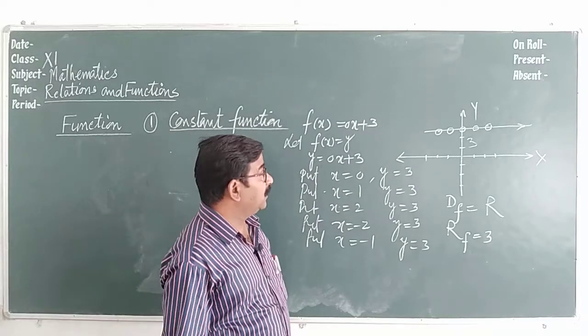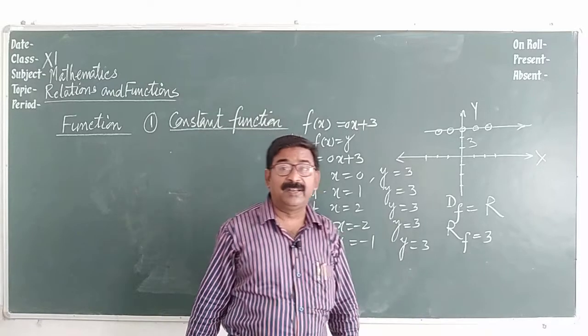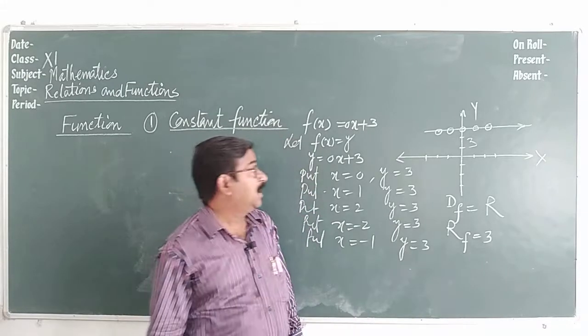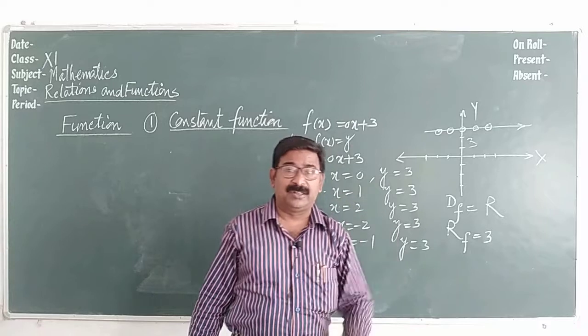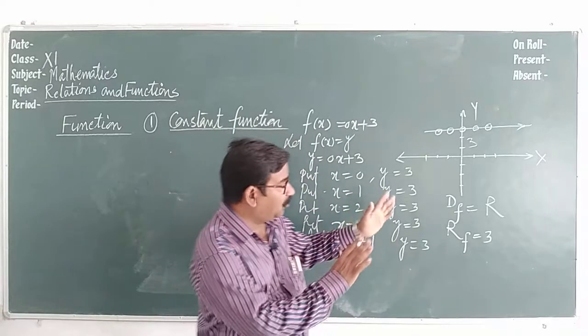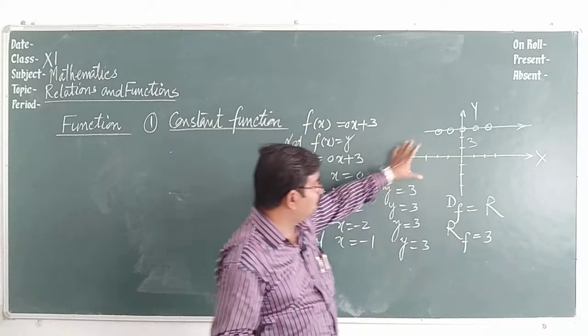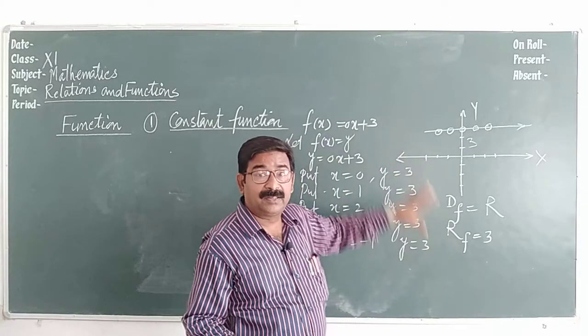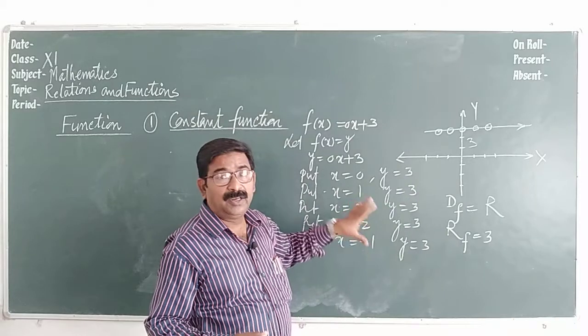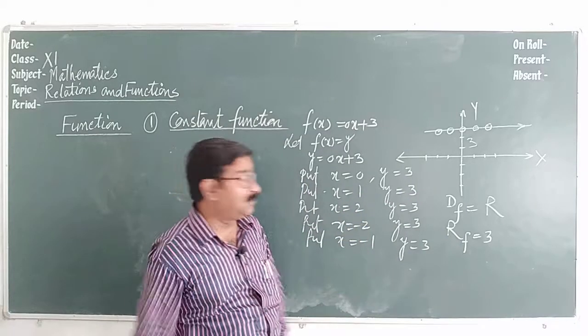A constant function is a function in which the variable is not available. And this is true for all constant functions. It is not necessary that it is true only for this one. It is a universal truth. It is true for every constant function.